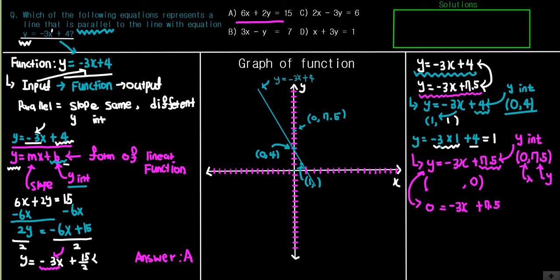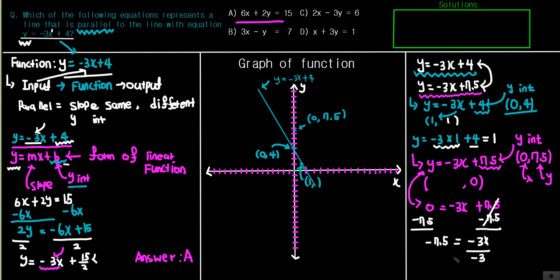All you have to do is isolate the x term by subtracting 7.5 from both sides. Then the positive 7.5 and the negative 7.5 cancel out, and we get negative 3x is equal to negative 7.5. In order to find the value of x, we can divide both sides by negative 3.